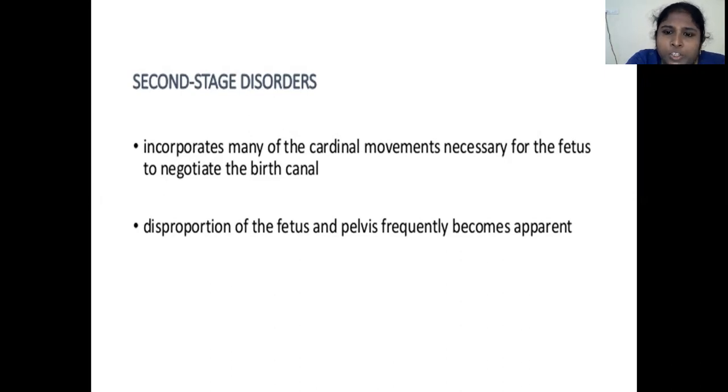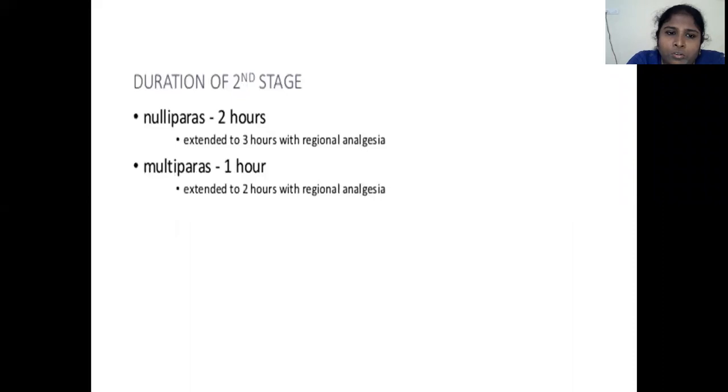That is, the expulsion part is the second stage. This incorporates many of the very necessary movements, like the restitution, all of which are required for the expulsion of the fetus. So any CPD, fetal-pelvic disproportion, will lead to a second stage disorder.